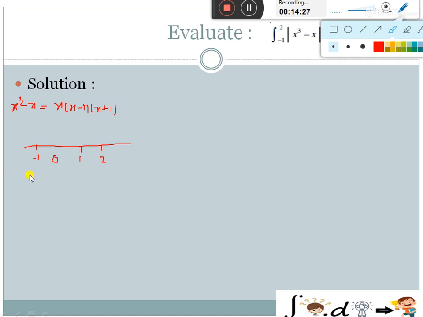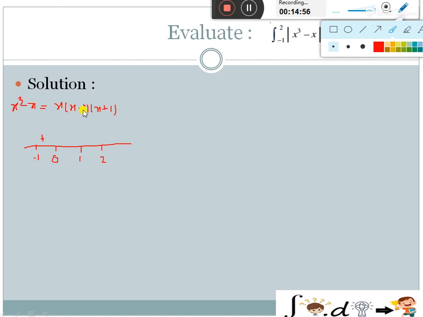And now we have to check for the positive and negative sign of the polynomial in between minus 1 to 0. If we consider minus 0.5, we get a negative value here, this is negative and this will be positive, and overall we get a positive sign. In between 0 and 1, we consider 0.5.